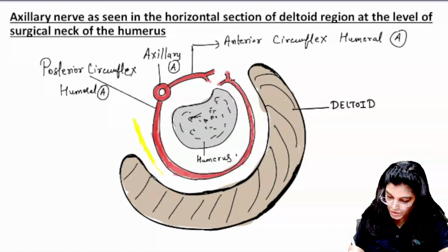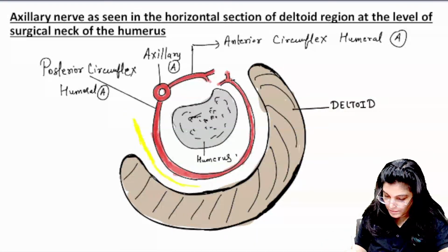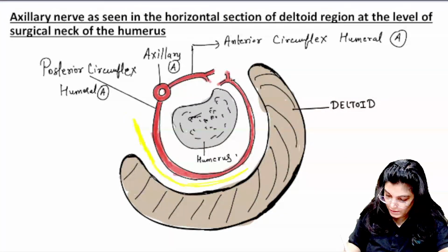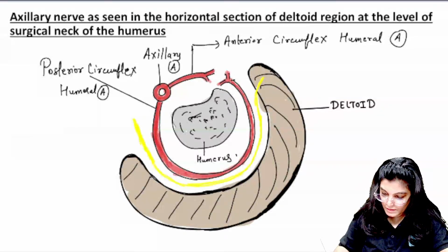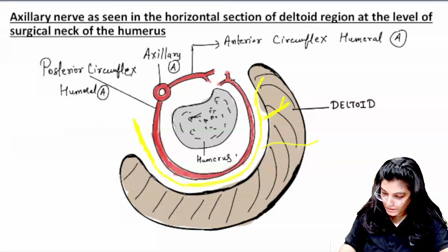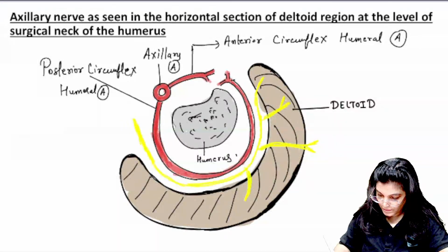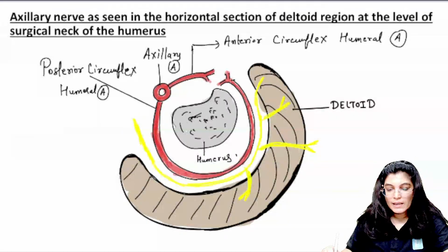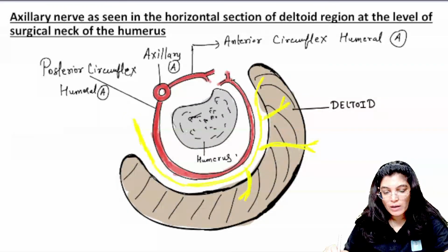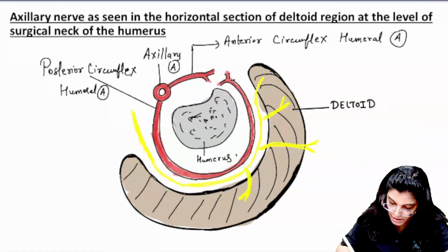which is passing through it, giving branches to deltoid muscle. So basically, if I talk about the axillary nerve, this will be the axillary nerve.